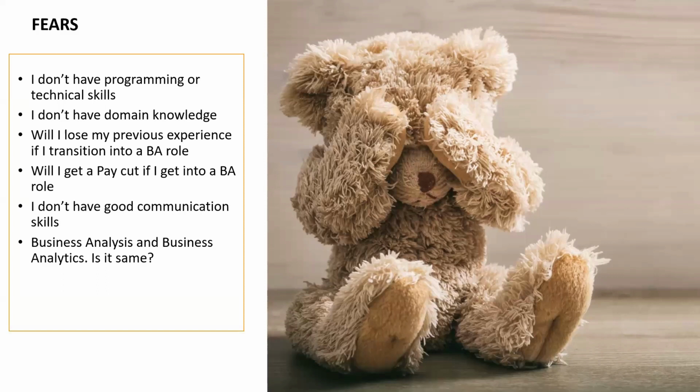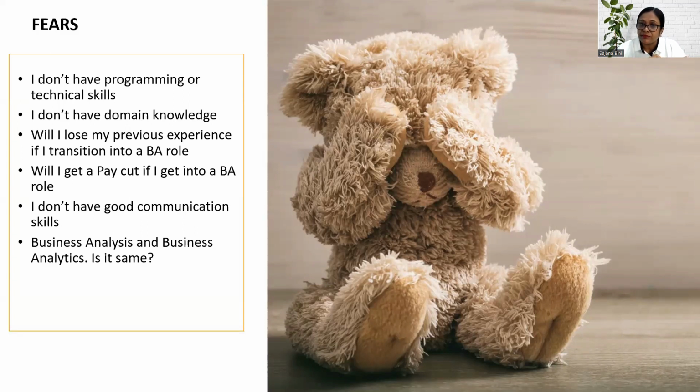Some of you might be thinking, I don't have programming or technical skills. How can I succeed as a BA? How many of you have this question in mind? Raise your hands. I don't have programming or technical skills. Yes, many of you.